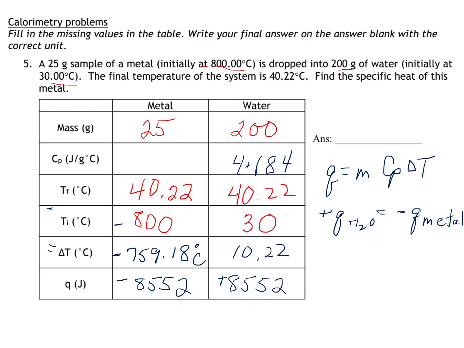So now we're ready to solve for Cp for that metal. So Cp is equal to your Q for the metal divided by the mass of the metal times the delta T for the metal.